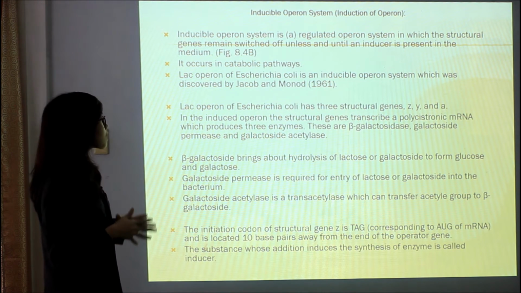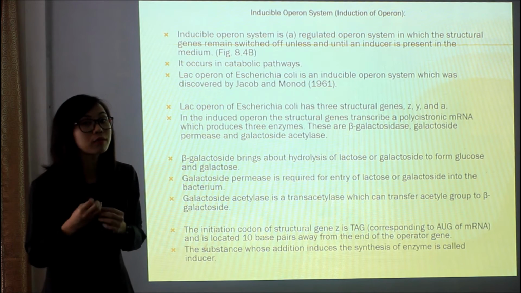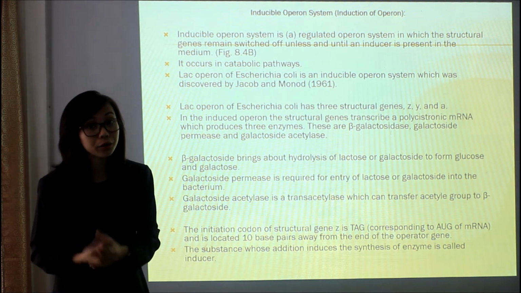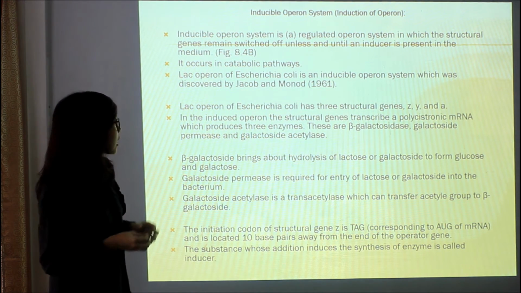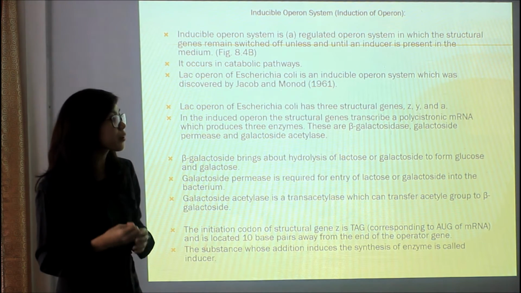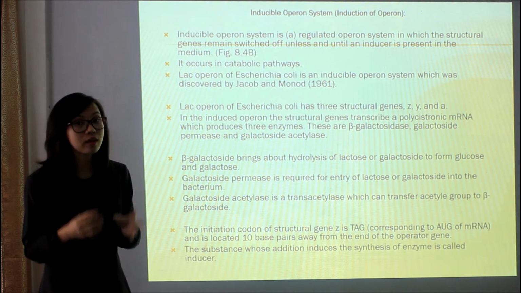Next, galactoside permase is required for entry of lactose or galactoside into the bacterium. Galactoside acetylase is an acetylase which can transfer an acetyl group to beta-galactoside.